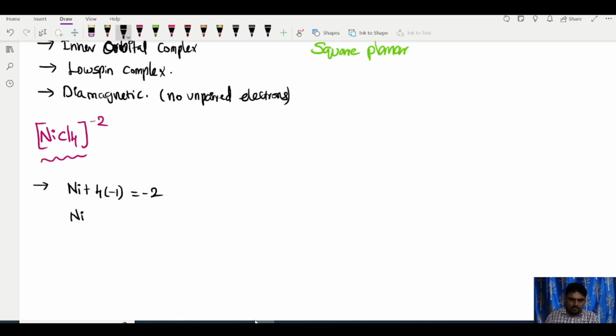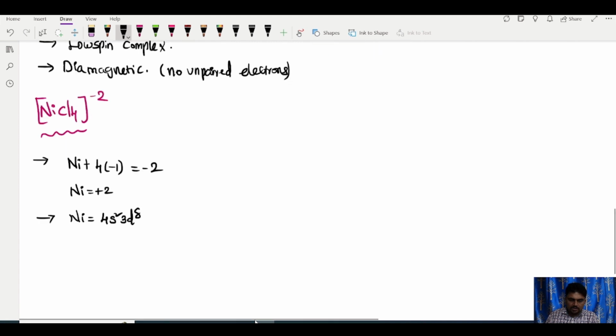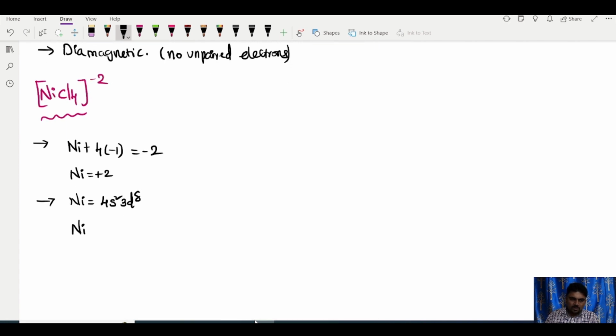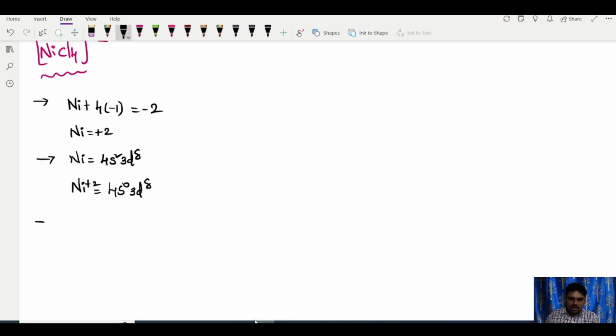If you simplify this, you get nickel in the +2 oxidation state. The second thing, you should write the electronic configuration. Nickel is 4s2 3d8. Now for nickel +2, the electronic configuration is 4s0 3d8. And you have to write these electronic configurations into orbitals.